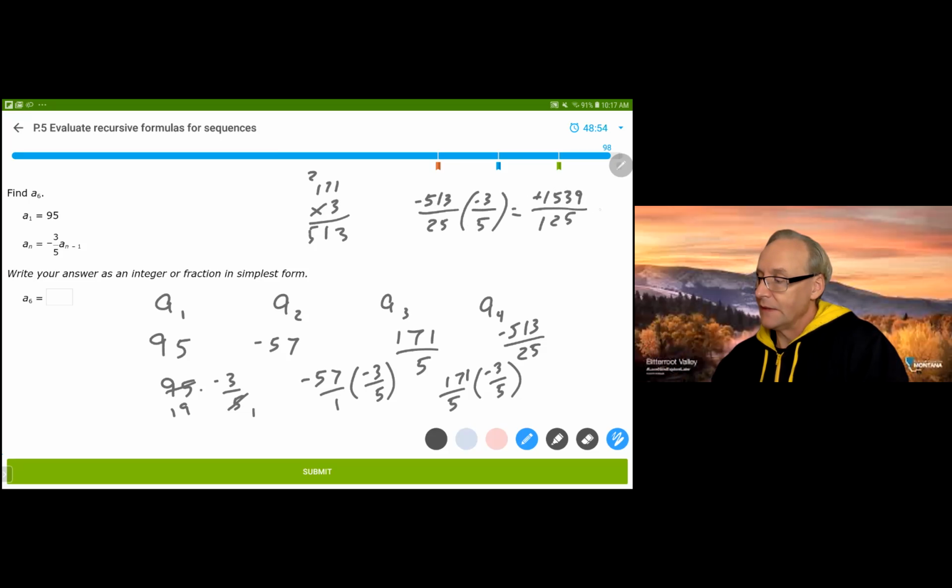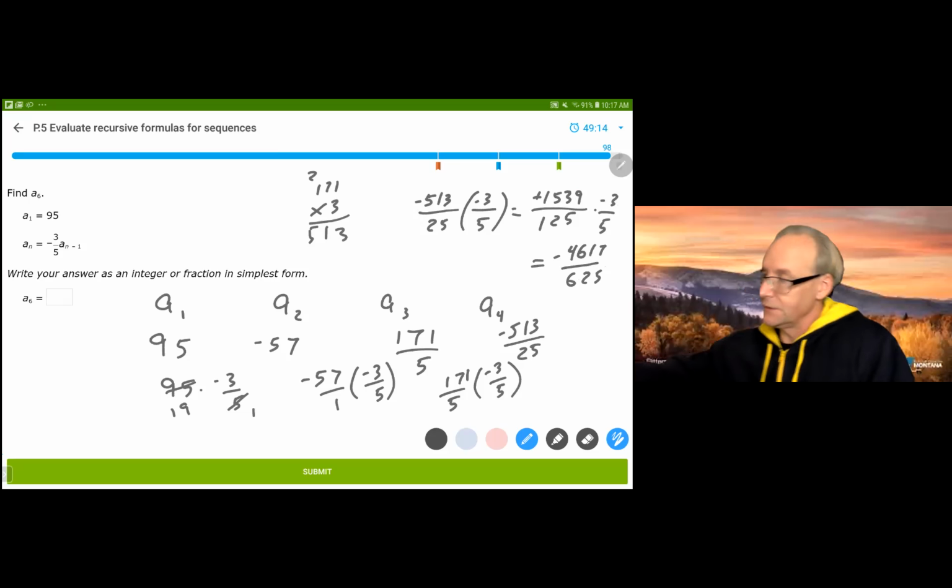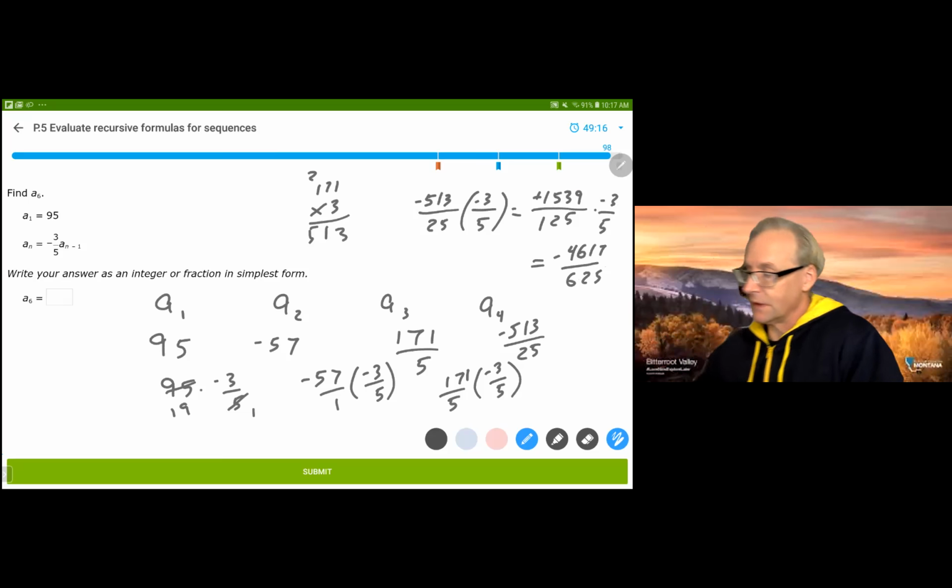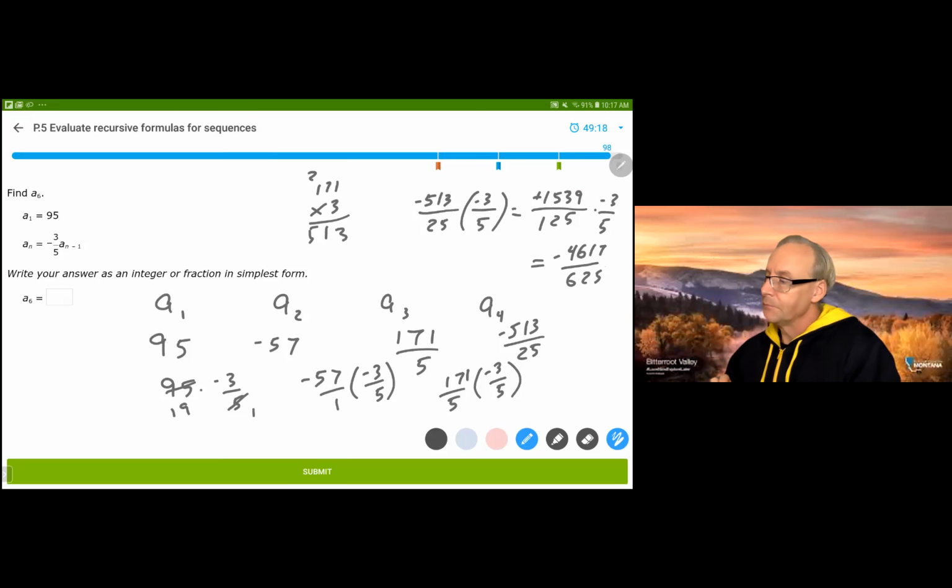And then we're going to multiply that by -3/5. And at this point, I know the denominator is 625. The numerator is going to be, what, 27 and 17? Okay, so I'm going to go ahead and use the calculator to check it. I'm sure it's right, but still I'm going to do it.